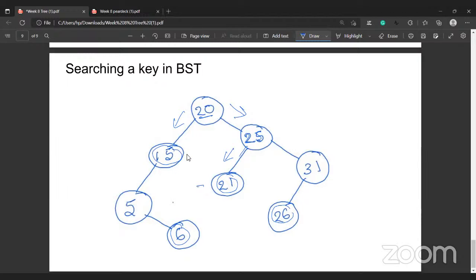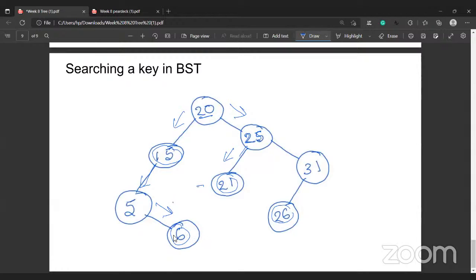Then it will check less than or greater than. It is less than, right? So it will go to the left subtree. Then again we'll check 5 equal to 6 or not. It is not equal to 6. Then it will check whether it is greater than or less than. It is greater than, right? So it will go right. Then it will check 6 equal to 6 or not. Then it is equal to 6, and the element is found.